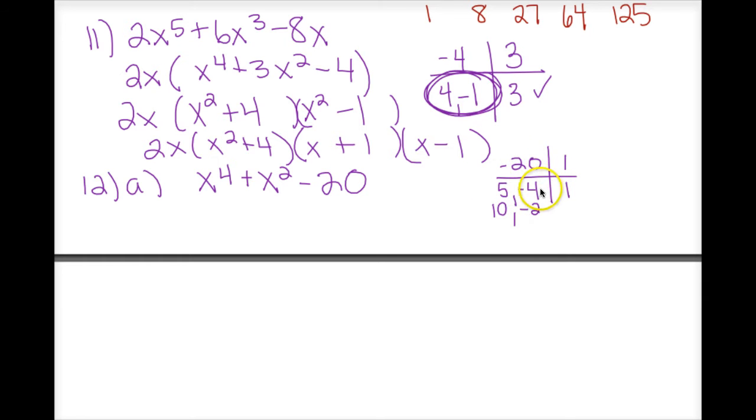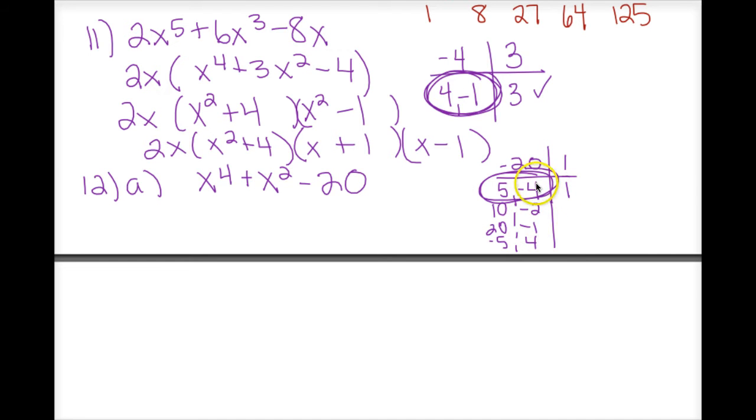So it could be positive 5, negative 4, positive 10, negative 2, positive 20, negative 1, or they could be switched, negative 5, positive 4. So again, that's the place where you should be listing the factors, not just sitting there until you find the one that works. List them. If you get it on the first try, great. None of the rest of these add to 1, so we know that they're not the winners.